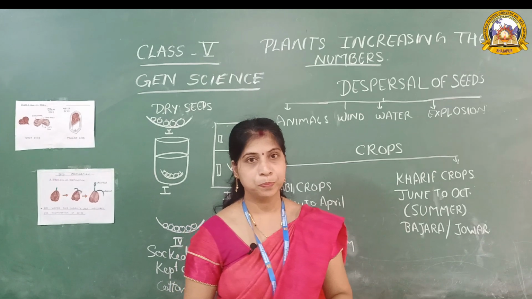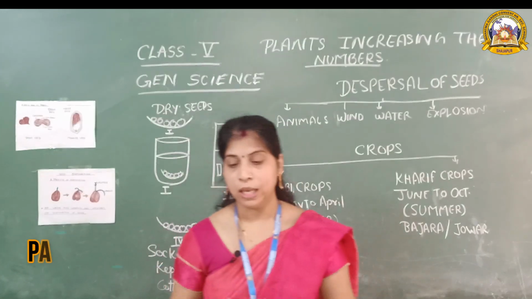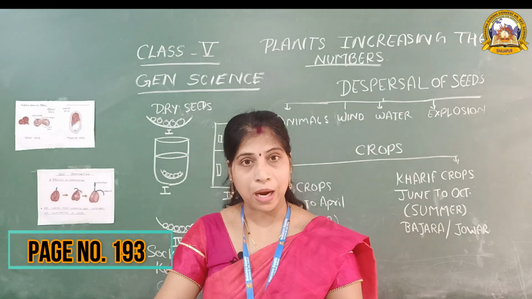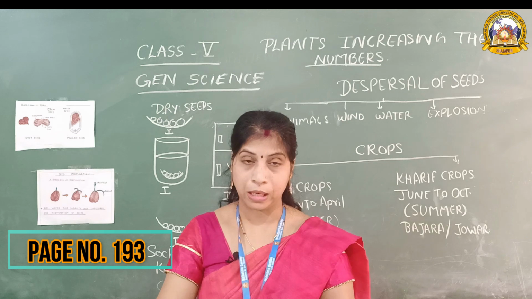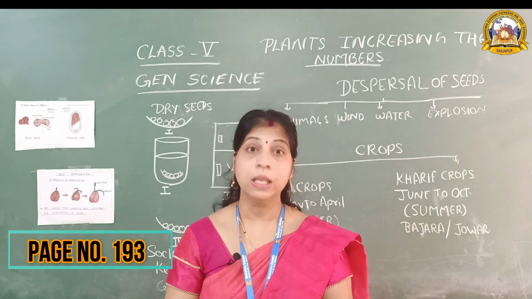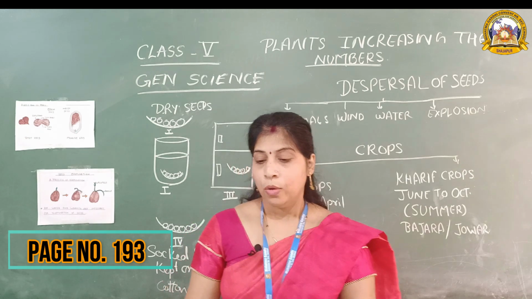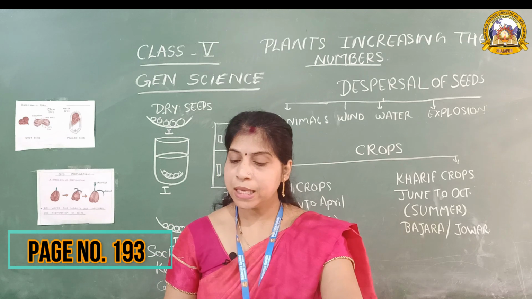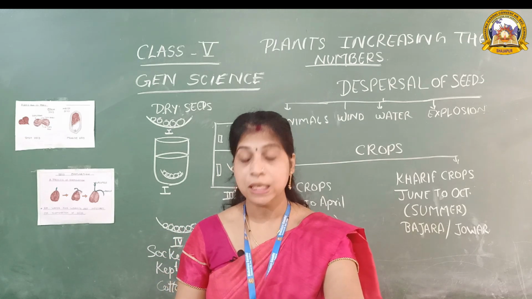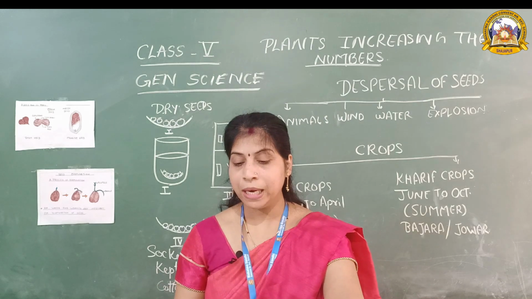Okay, everybody? Now, another one, page number 193, new plants from the parts of a plant. Yes, students, there are different parts of the plant that will grow a new plant. How? Listen. Besides growing from seeds, new plants also grow from certain other parts such as roots, stems, and leaves of the parent plant.